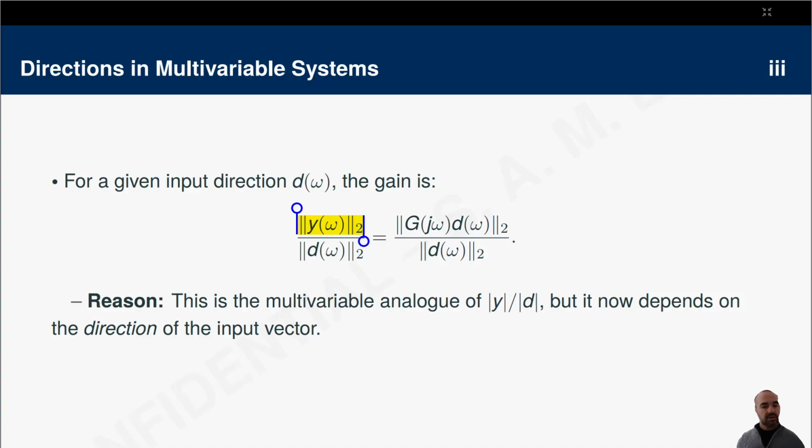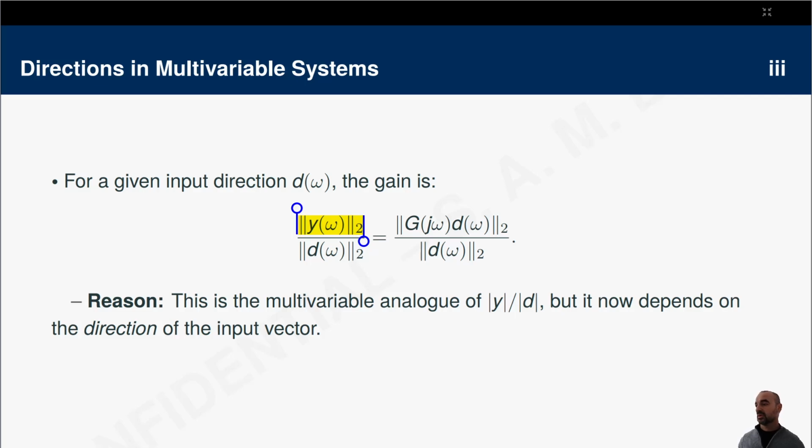Think of a 2D arrow in input space. You might have arrows of the same length in that space, but they might point in different directions, and they have different magnitudes as well as different directions or phase.